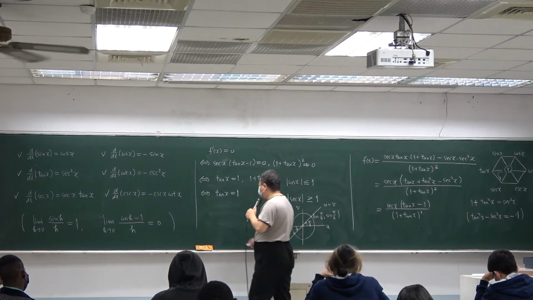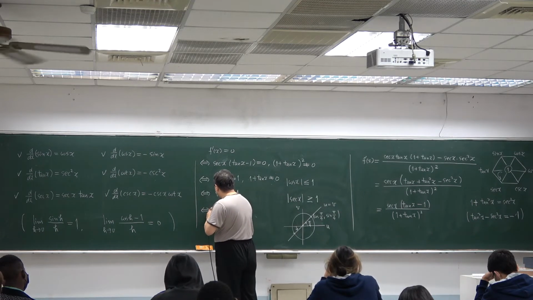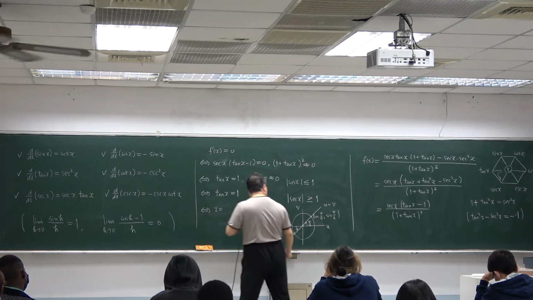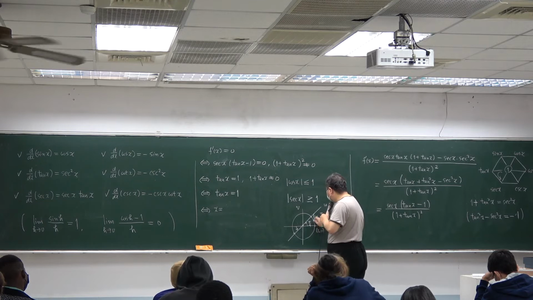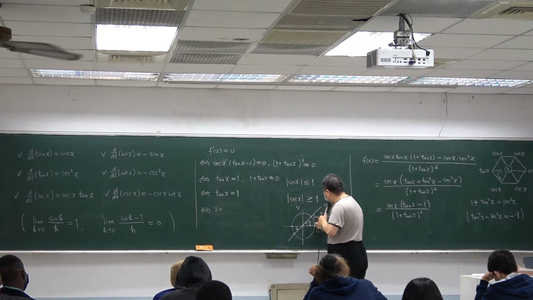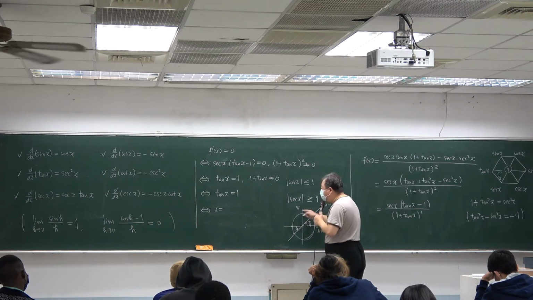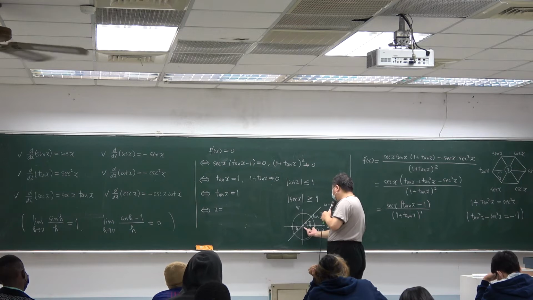And we have sine equals cosine if and only if x is, this is 0, pi, 2 pi, 3 pi, 4 pi, because the circumference of a circle of radius 1 is 2 pi.